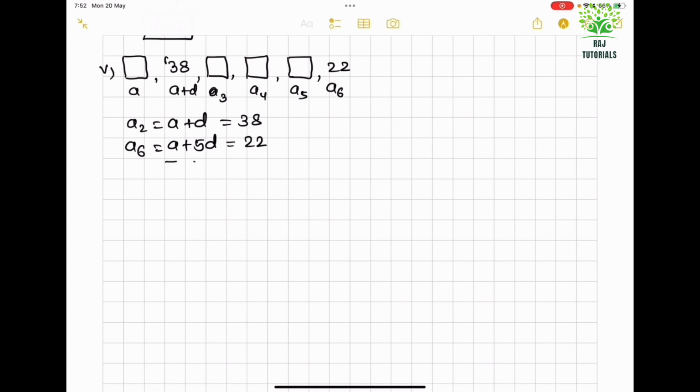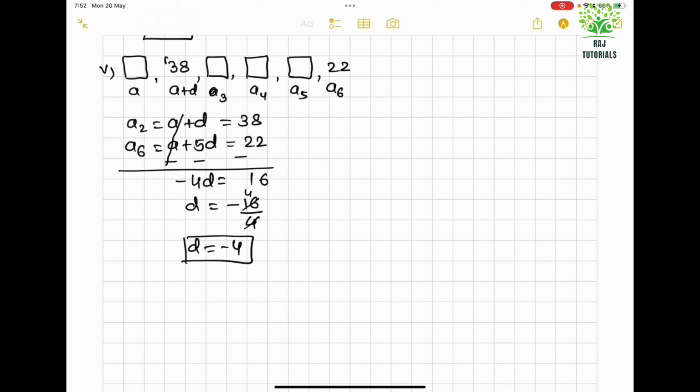So if I do the elimination method here, A cancels, -4D will be 16. So D will be -16 by 4. So D equal to -4. Now I got D, so I can get all the values.